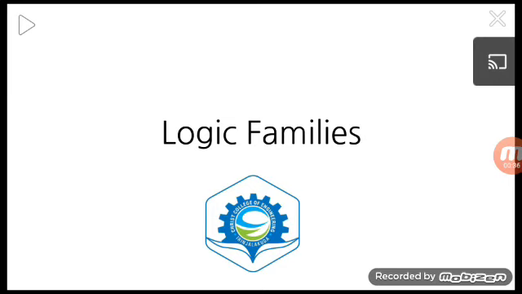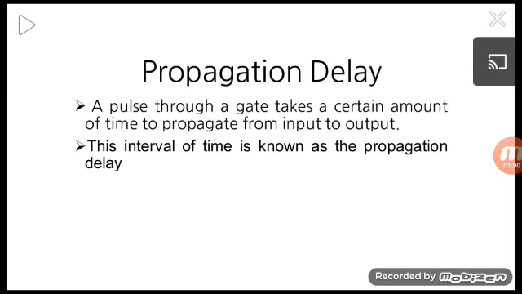In this video, we will discuss the basic specifications of the logic families and the different types of logic families that we normally use, that we have to learn in our subject. The first specification is the propagation delay of the gates. We have already learned different gates like AND gate, OR gate.